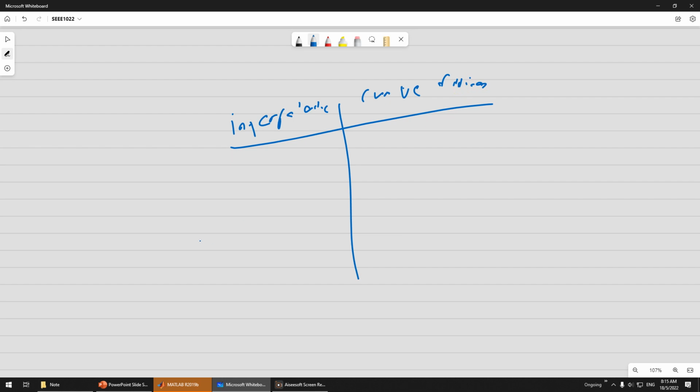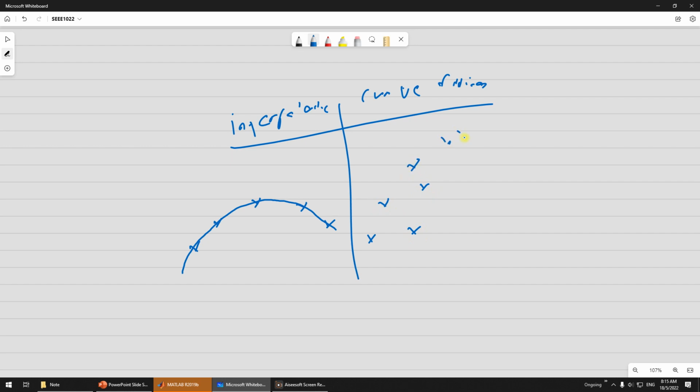Okay, so in interpolation, for example, you have points like this. It will try to run through all the points, so it will meet all the points, but curve fitting is different. So for curve fitting, for example, you have something like this.